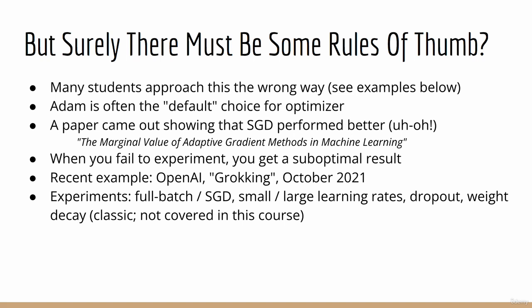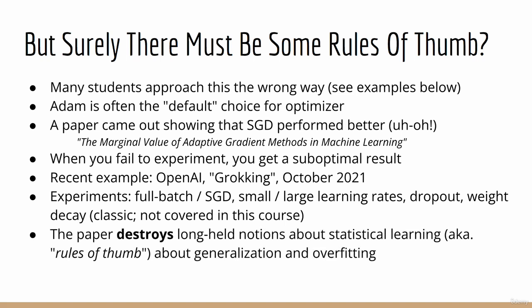Furthermore, I lied a little bit when I said the idea behind this paper is not relevant for this discussion. In fact, what the paper demonstrates is that reality disagrees with some long-held notions about statistical learning. Specifically, they show that neural networks can in fact generalize well if you keep training beyond the point it has overfitted.